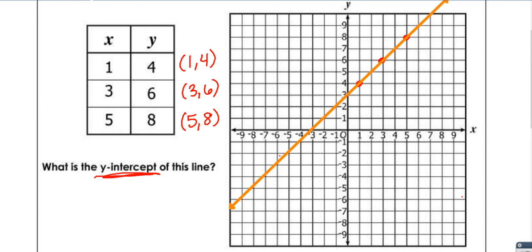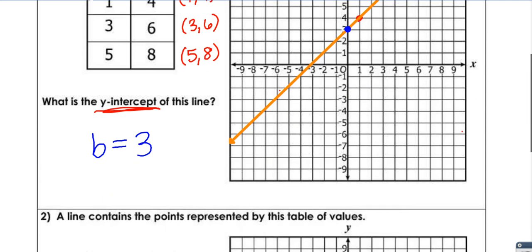So where are we crossing the y-axis? Looking at your graph, hopefully we see that we're crossing at 3. So we're just going to write b equals 3. Your y-intercept equals 3.